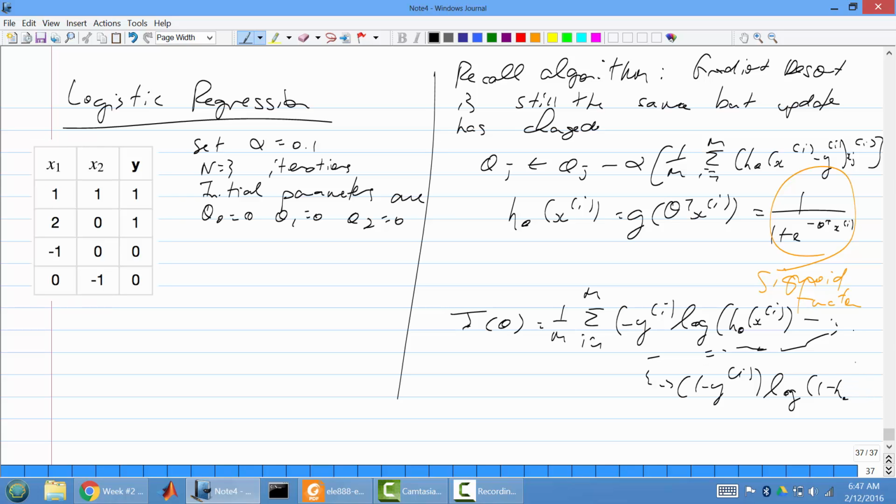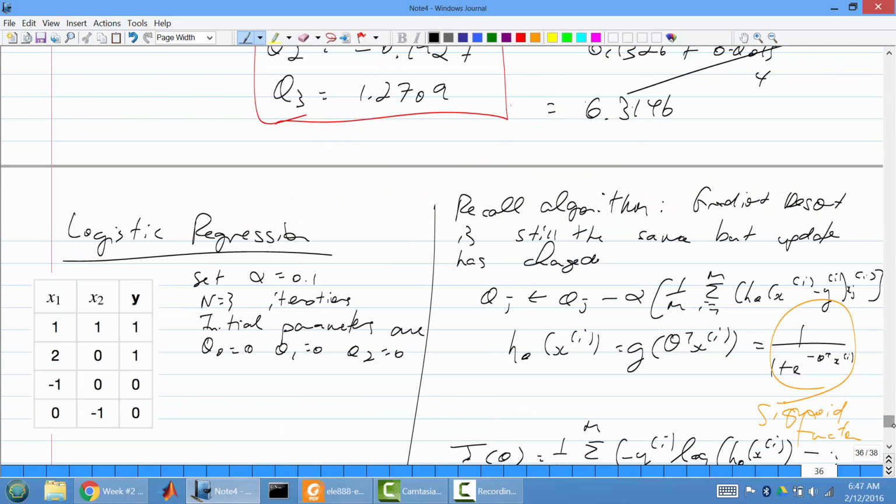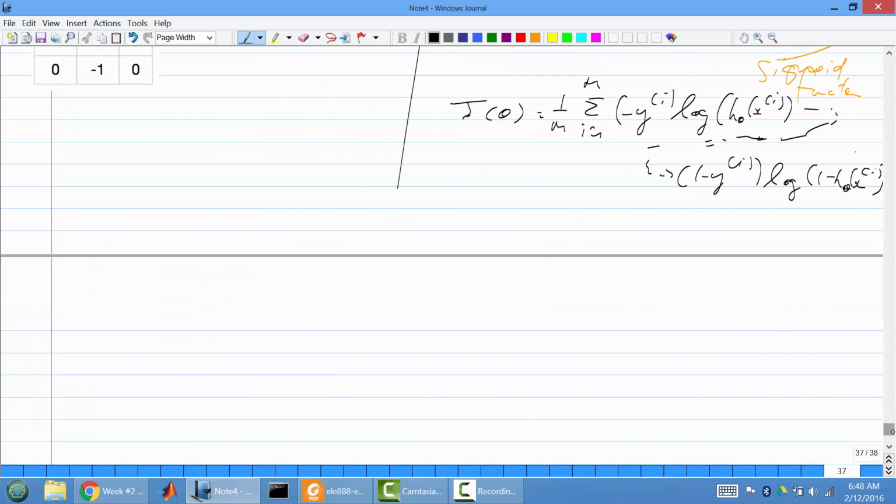But this was the new cost function for logistic regression. So you're summing over these negative log probabilities. If you want to do this by linear algebra, which I highly encourage, let's do it. So, linear algebra. Okay, the update rule looks like this.